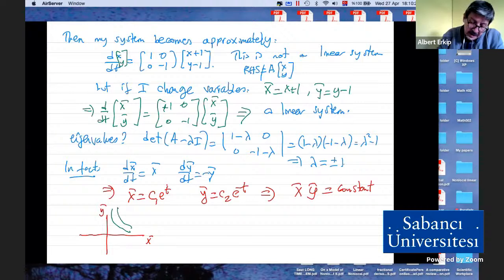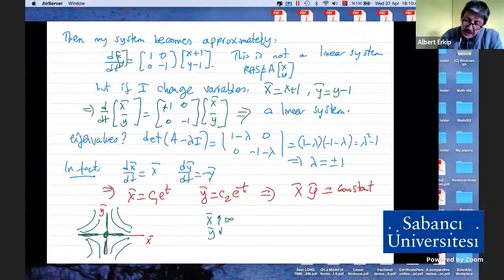These are hyperbolas like this. And then you have 0 as the center, and you have these lines. Now, how are the arrows? X bar goes to infinity, and y bar goes to 0 as t goes to infinity. Okay, this is the picture.